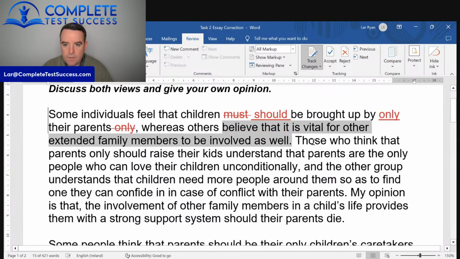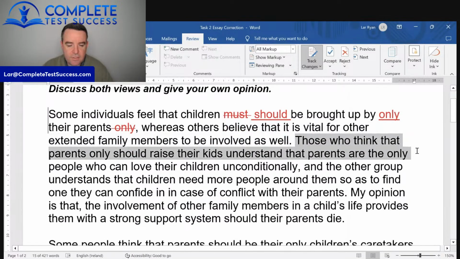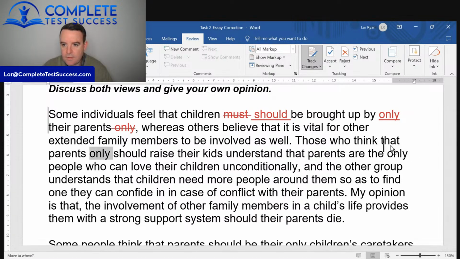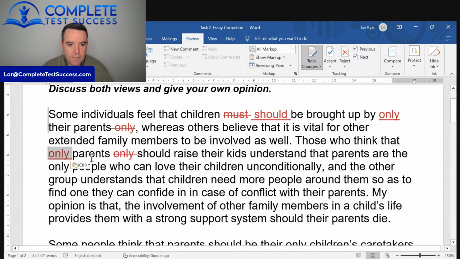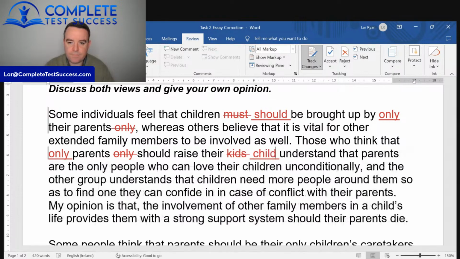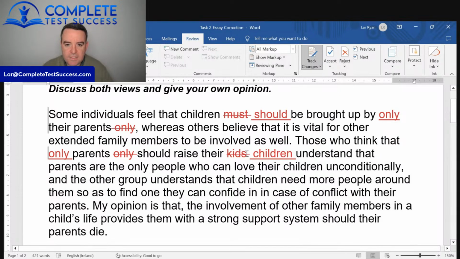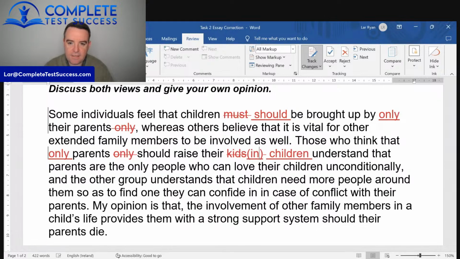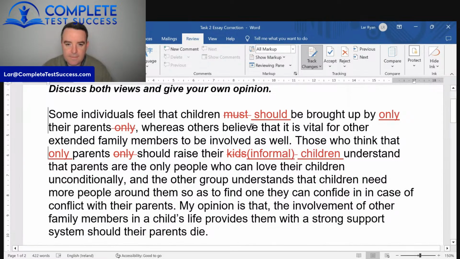Okay. Those who think that only parents should raise their kids understand. Now, kids is an informal word. Now, I know you're trying to paraphrase children, but because kids is informal, we cannot use that in our essay.